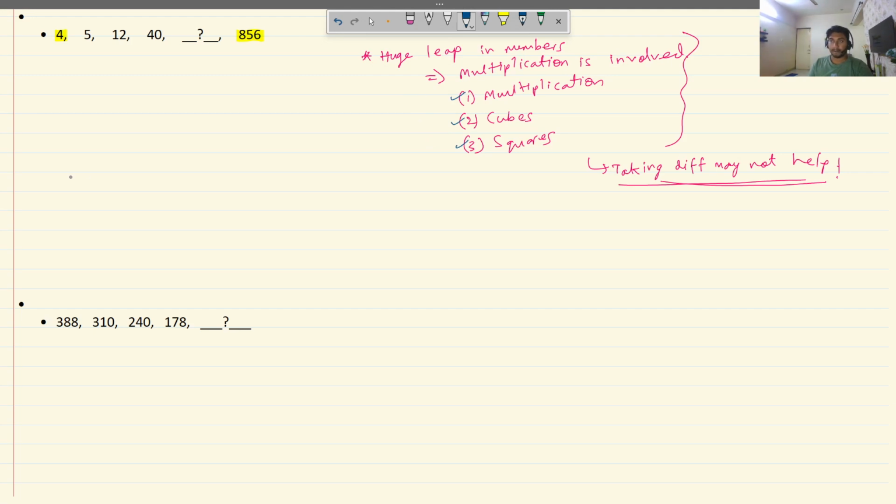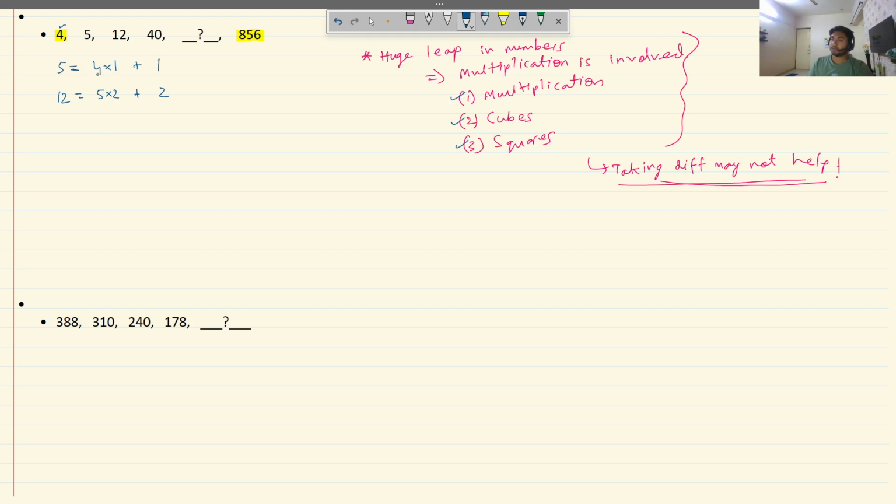Here I can see that we can express 5 as 4 into 1 plus 1, right? So 4 is my previous number and the next number is the previous number into 1 plus 1, and 12 is 5 into 2, 10, plus 2. Do I see a pattern over here? Yes.